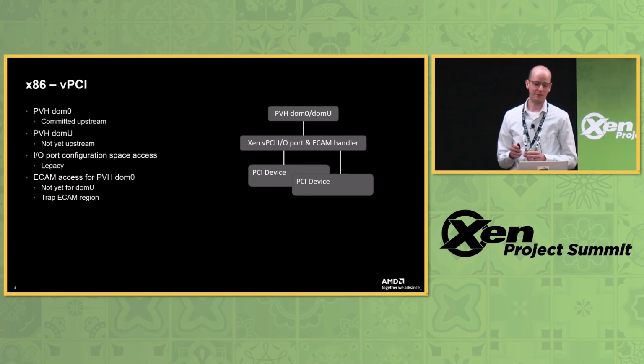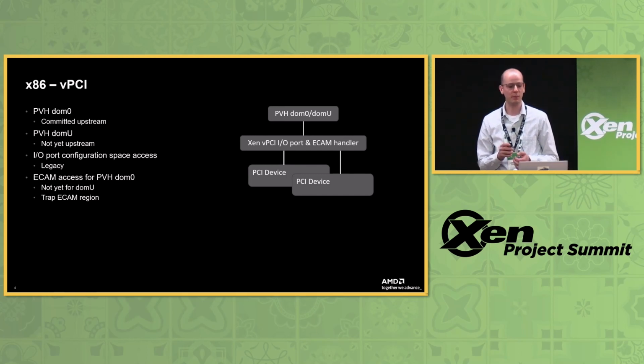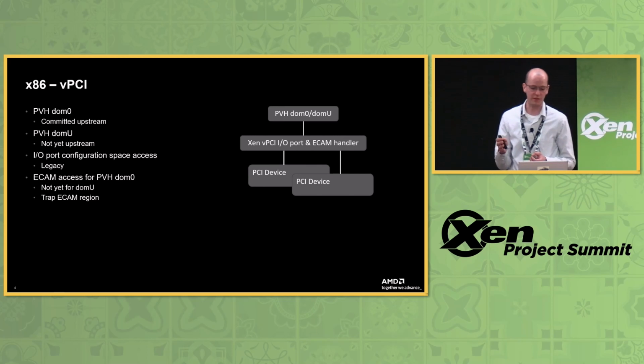The future better way is ECAM, enhanced configuration access mechanism, and this is currently supported on an x86 PVH DOM0, and future work will enable ECAM for PVH DOMU use.